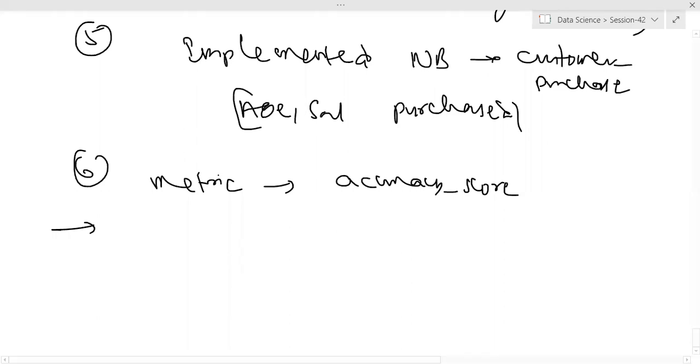Anything else? Assumptions, in the sense of the regression assumptions we have covered. Which are all the assumptions?